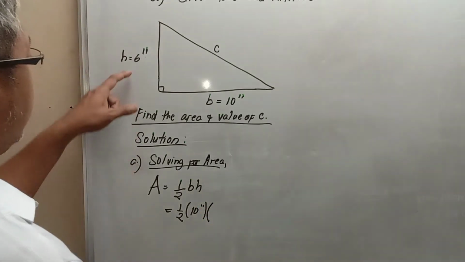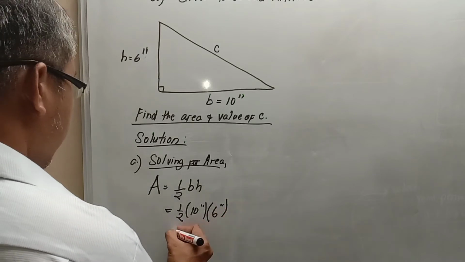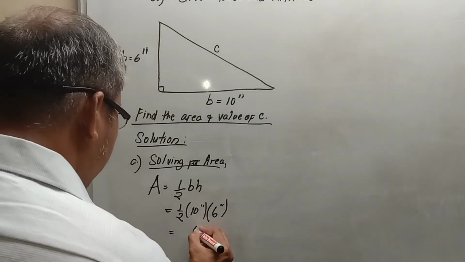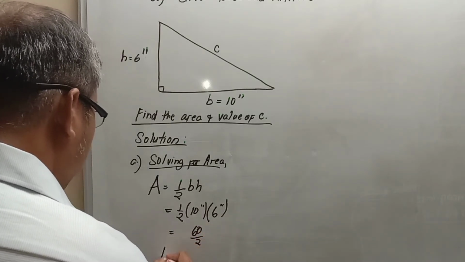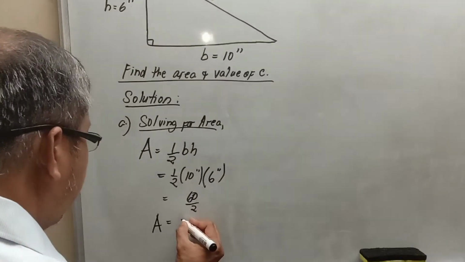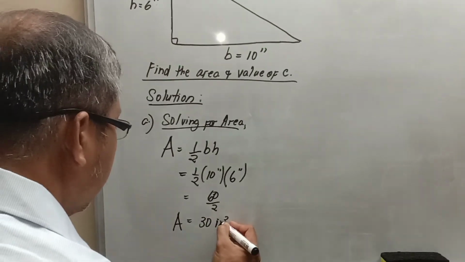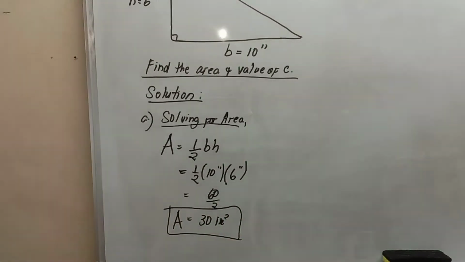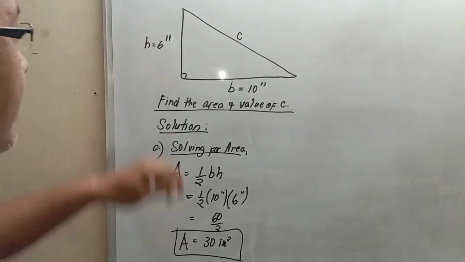And the height or altitude is 6 inches. So area will be 6 times 10, equal to 60, divided by 2. So area is equal to 60 divided by 2, which is 30 square inches.